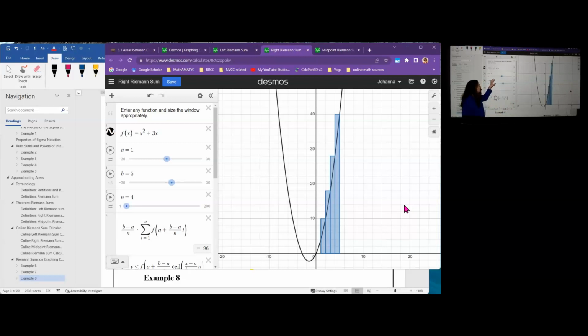When we look at this, notice that if we increase the number of boxes, we can get it to be much closer to the true value. In this case, as I increase, it rapidly comes down closer to 77.3 repeating. But even with 200 boxes, I'm still off.